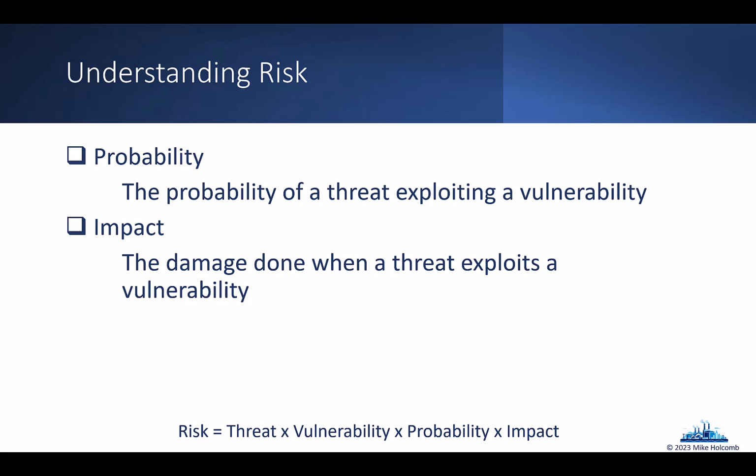No. That could be the worst case scenario. But the more realistic scenario would be that the IT environment gets infected with ransomware and it has an impact to the OT network and the OT network shuts down. That's a more realistic scenario. But we have to explore both and usually everything in between.